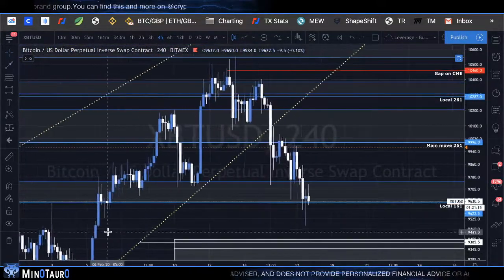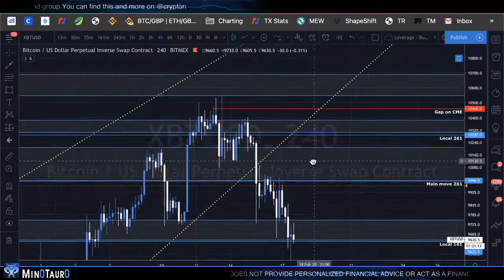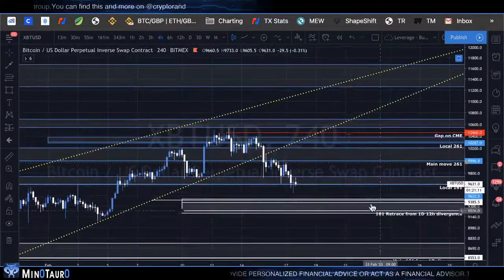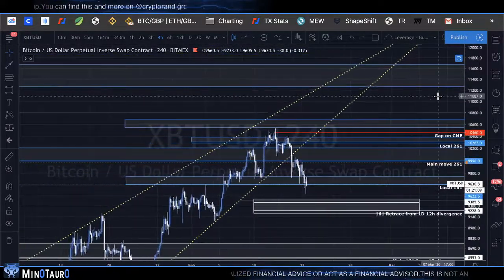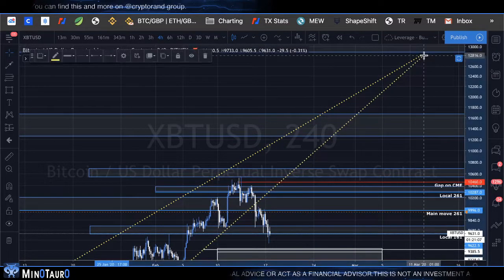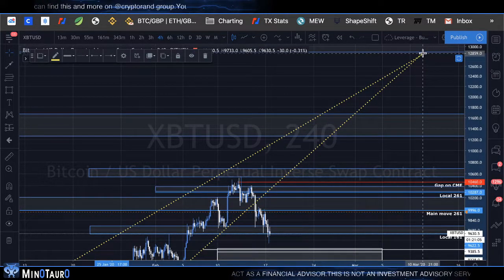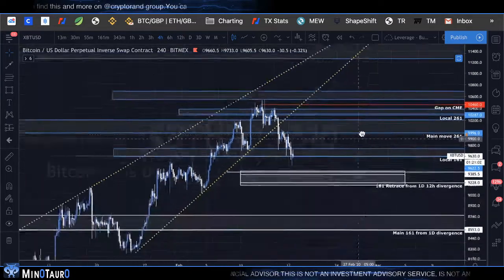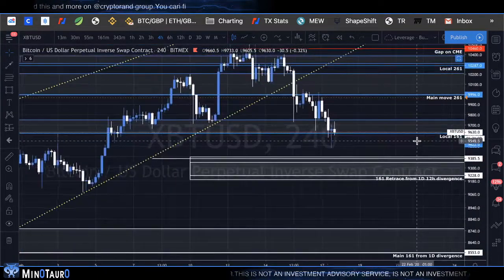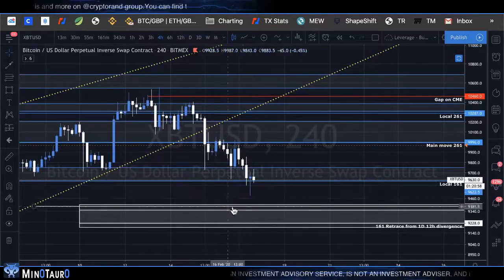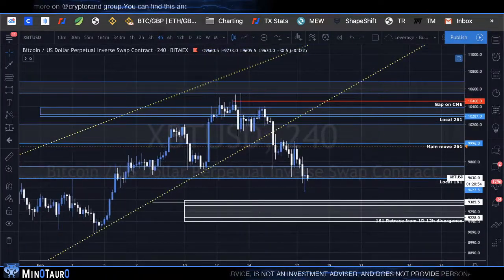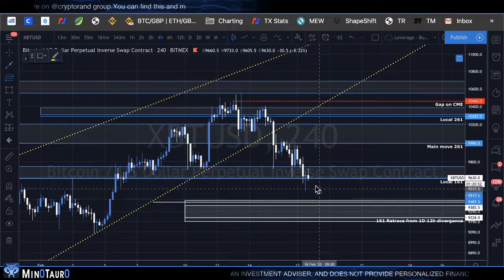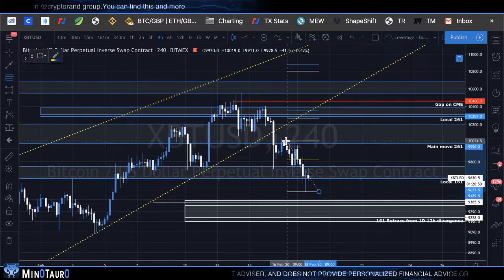Okay, this is your trend line for the moment. Now, it's going to be a little different. Let's make it visually cool. So, for example, let's say that this is the divergence. This one here, okay, and we just point out that we have to go and close the gap on the CME.